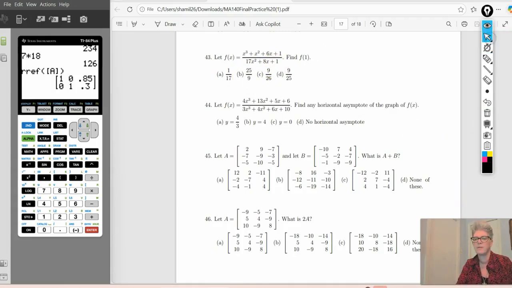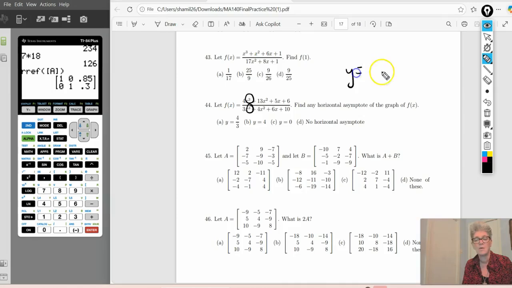Okay, now let f of x equal that. Find any horizontal asymptotes of the graph. Okay, so look at the degree of the numerator. The degree of the numerator is 3, and the degree of the denominator is 3. If the degree of the numerator and the degree of the denominator are the same, you do have a horizontal asymptote.